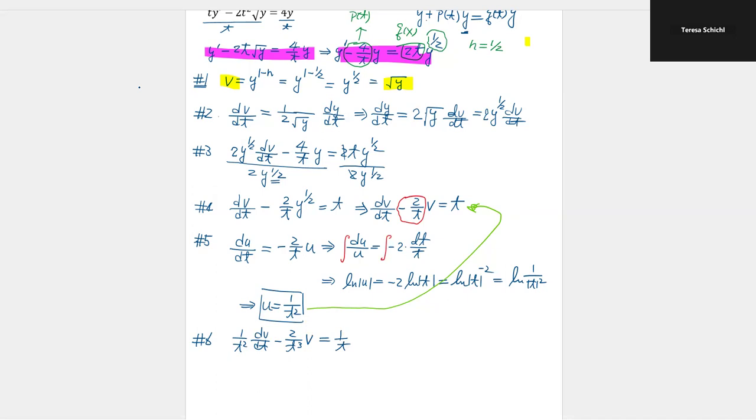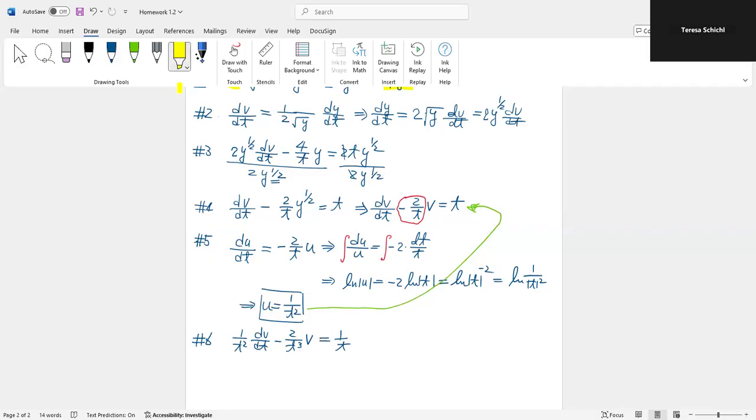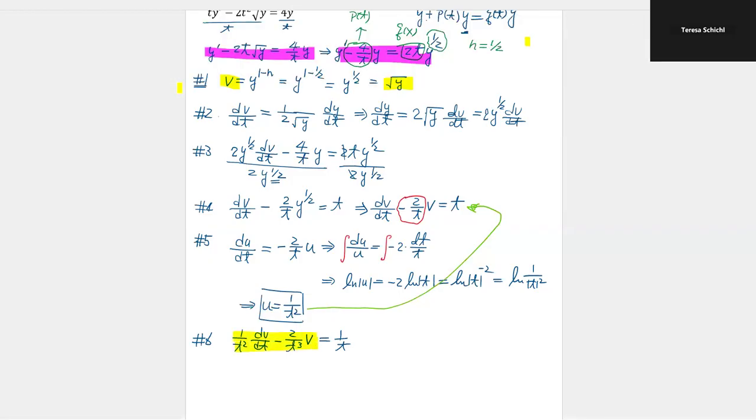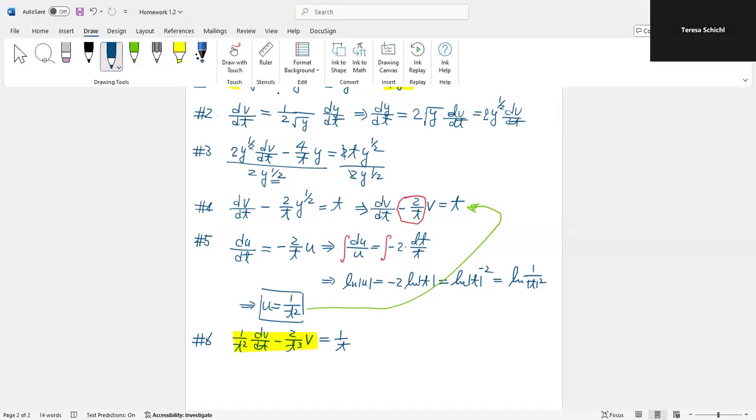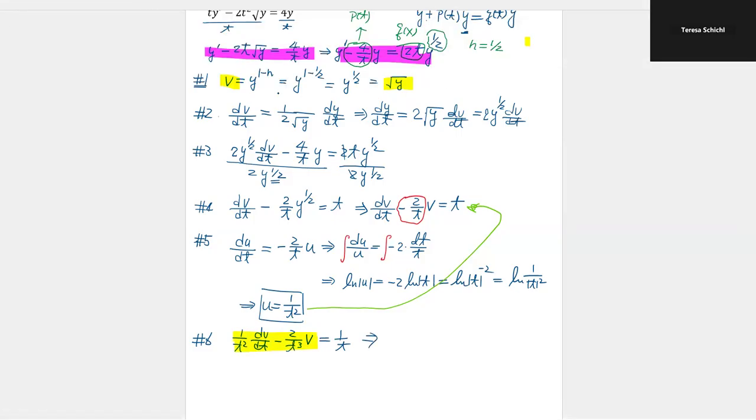As we see from before, these terms here just become the derivative with respect to t of v over t squared, and this is equal to 1 over t here.